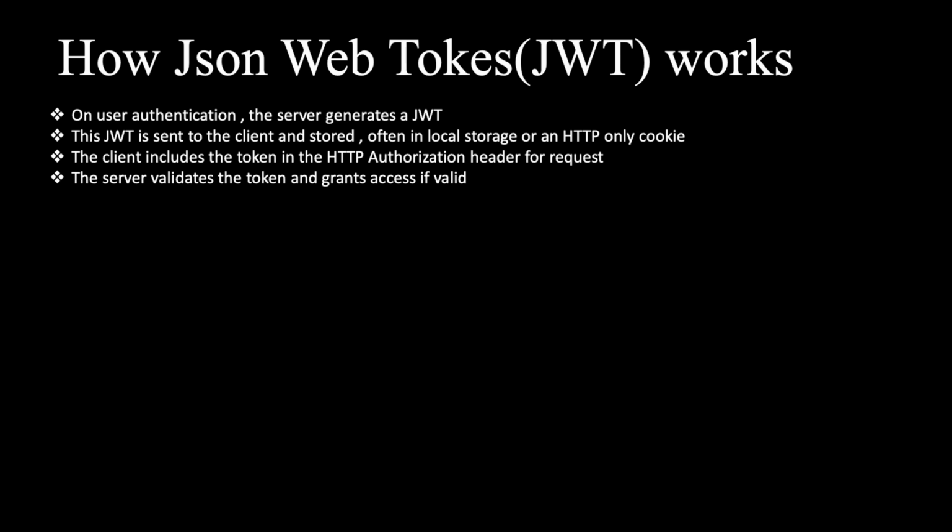In this case, we are going to store it using shared preferences in Flutter, as we'll see on the front-end side. The client includes the token in the HTTP authorization header for requests, for example if you want to request a restricted resource.